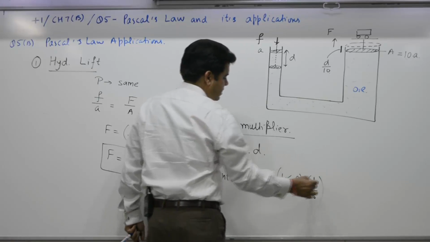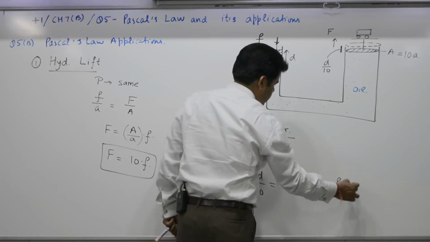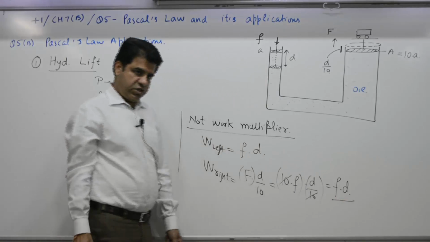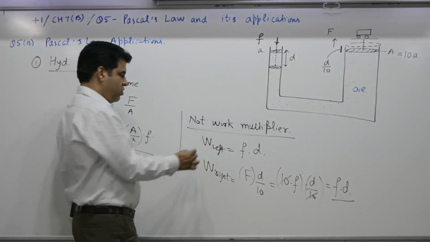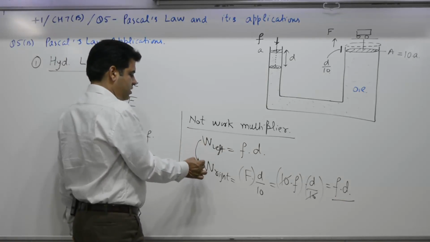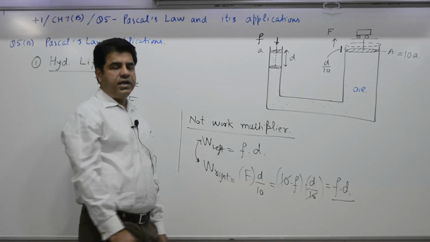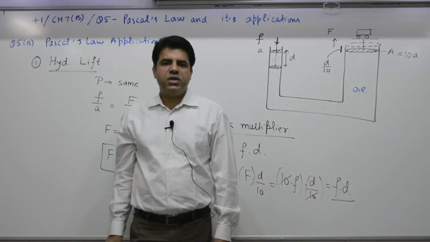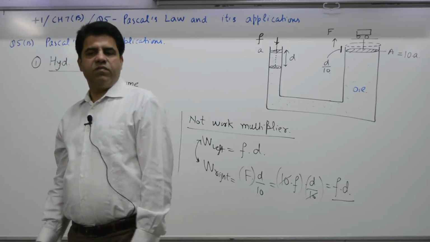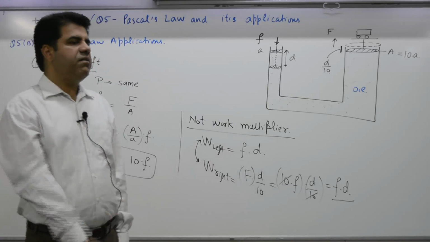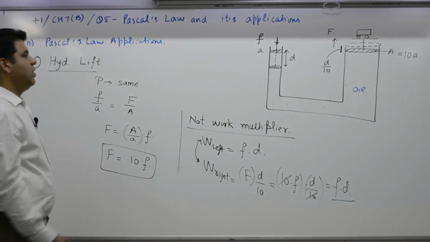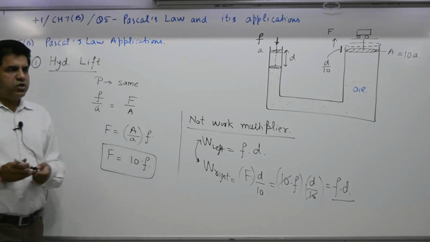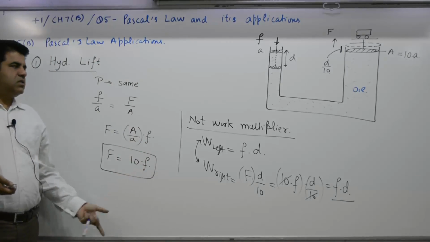This 10 is cancelled. What you get is f into D. That means work on the left is equal to work on the right. This machine is a force multiplier, but it's not a work multiplier. Now we will have a numerical on this machine. Using the numerical, we will have understanding of the same.